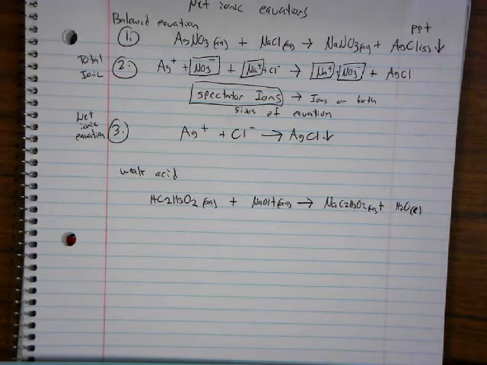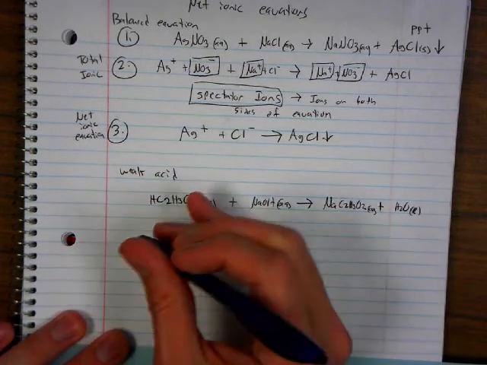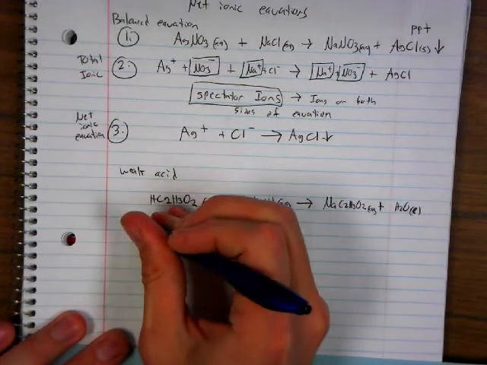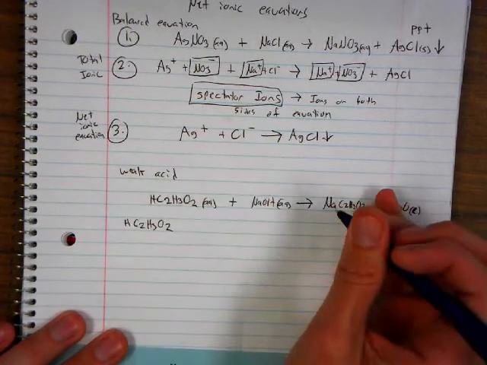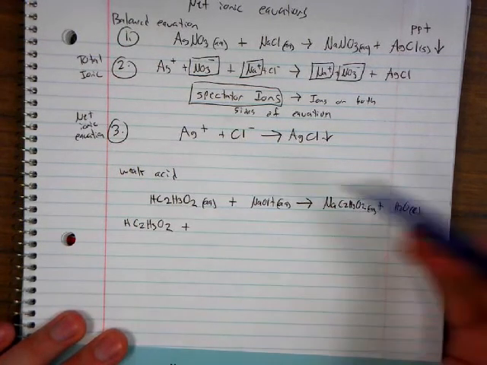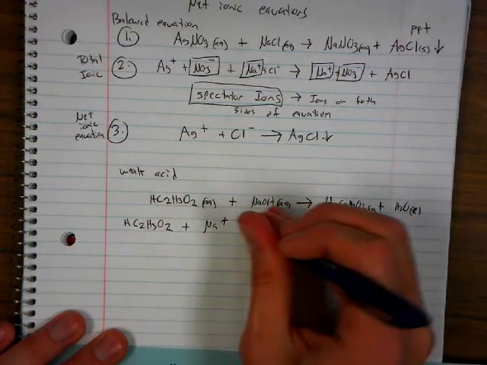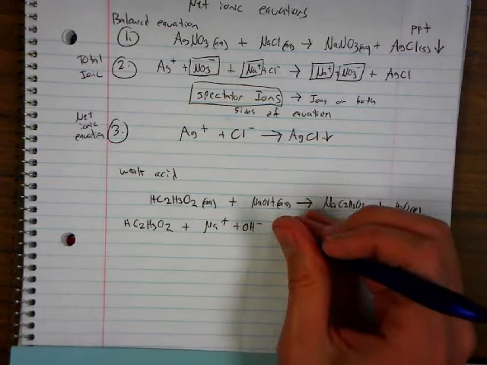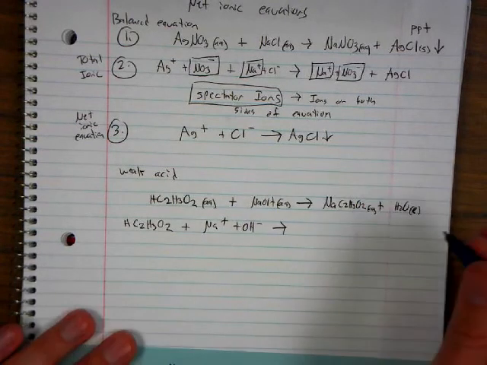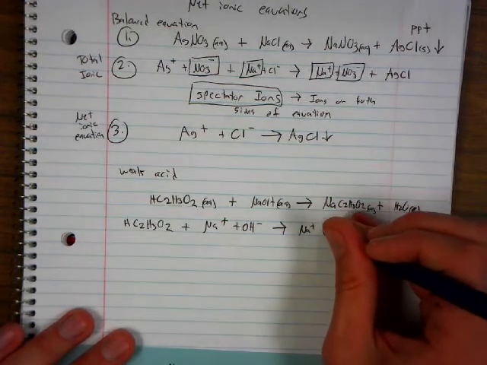Is this first one going to break up? No. It's a weak acid. This is why you have to understand the difference between a strong acid and a weak acid. The weak acid is not going to break up, which is why I'm doing this example. So I have still acetic acid, HC2H3O2, plus sodium hydroxide will break up, right?